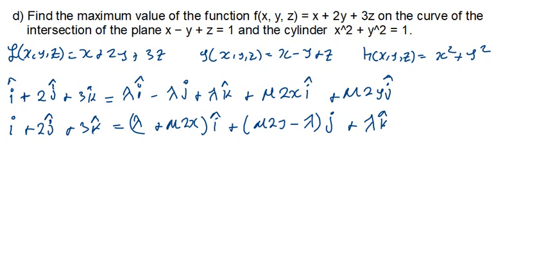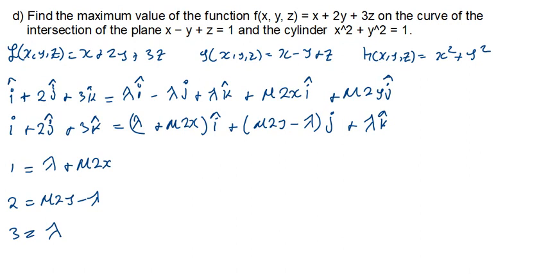So the coefficient for this one is a 1, so it's just 1 is equals to lambda plus mu 2x. Then the other part will be 2 is equals to mu 2y minus lambda. So the other one is going to be 3 is equals to lambda.